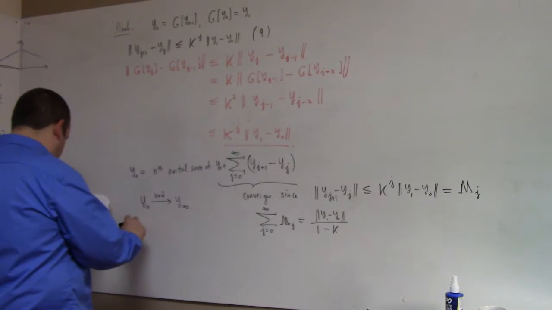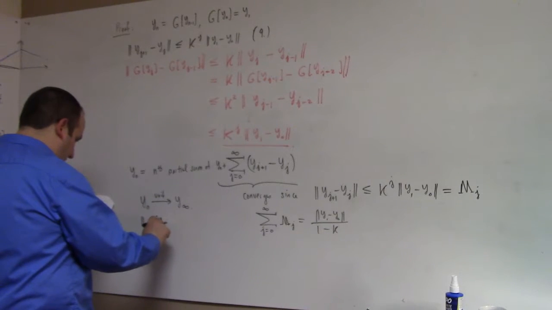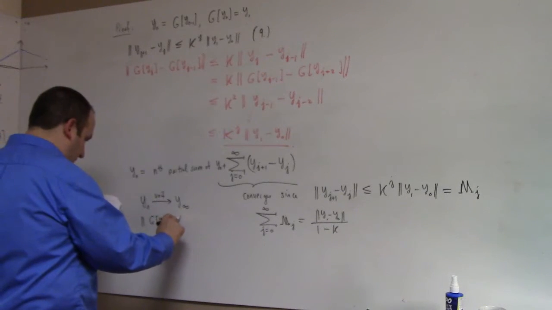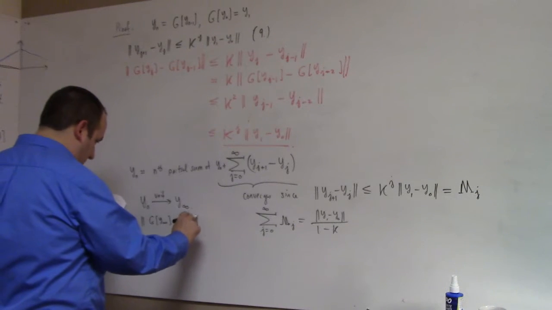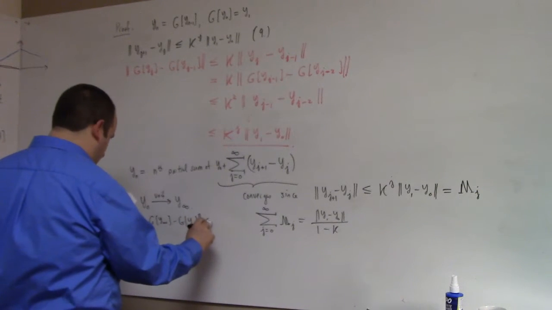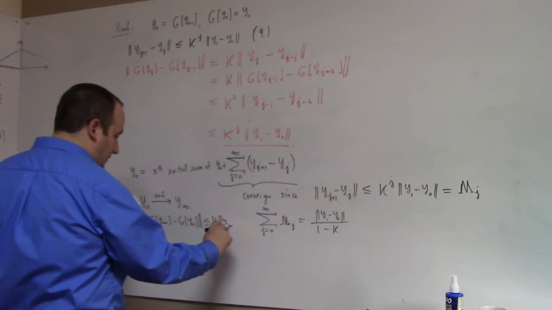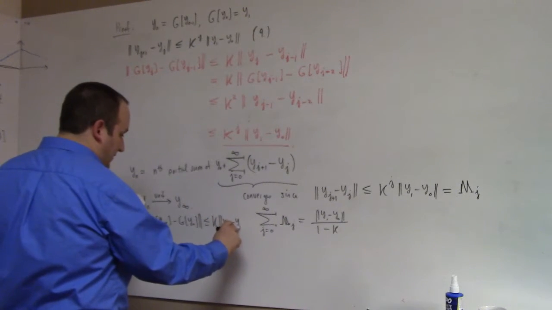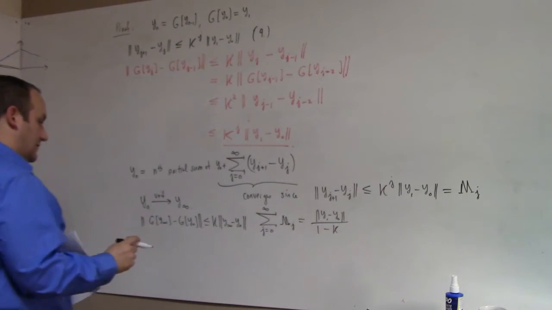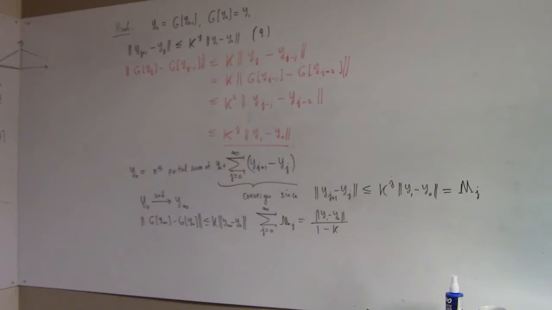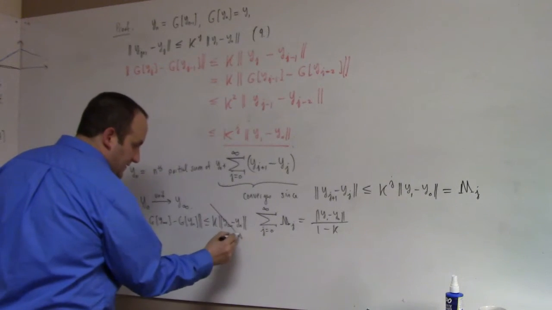We have, of course, that the norm of g of y infinity minus g of yn is less than k times the norm of y infinity minus yn, because g is a contraction. These are two functions in S. But then what? Well, we know yn goes to y infinity as n goes to infinity, so this goes to 0.